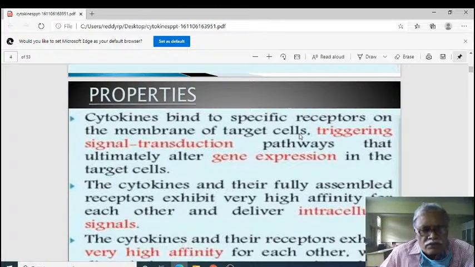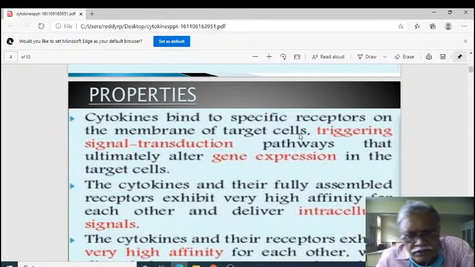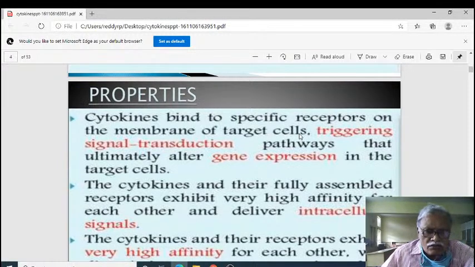The properties of cytokines: they bind to specific receptors on the membrane of target cells and trigger the signal transduction, communicating with each other, through pathways that ultimately alter gene expression in target cells.